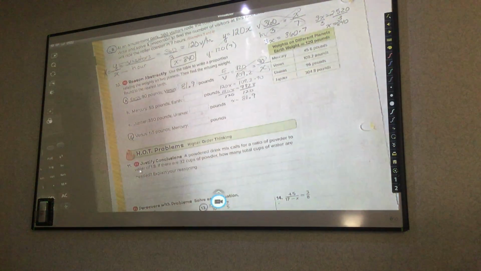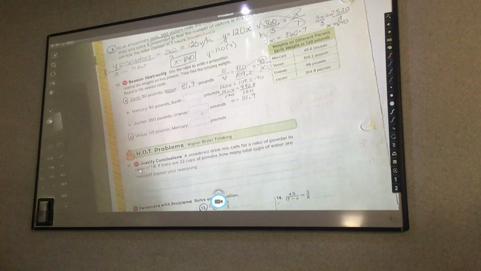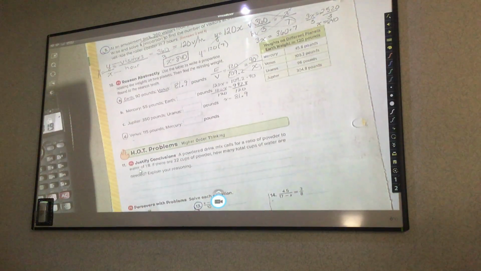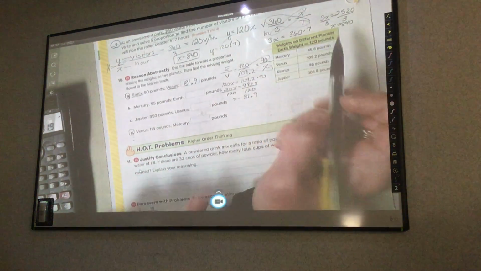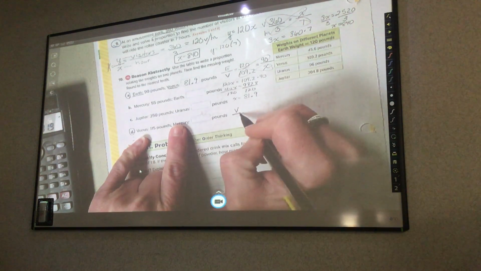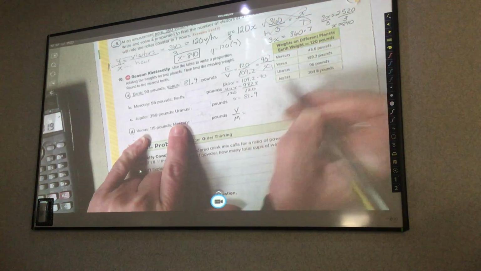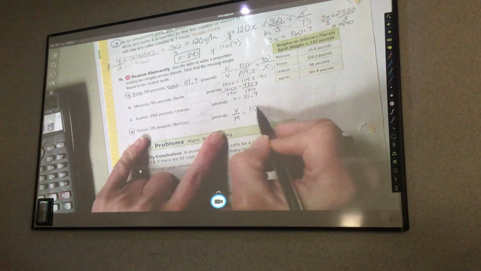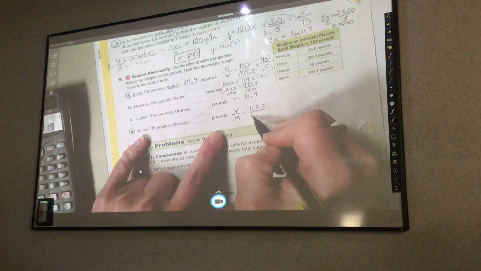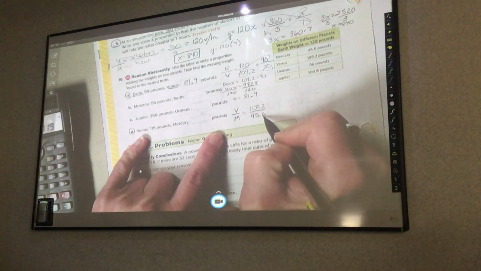Now we have D. You have to start with the chart first, Venus to Mercury. So I'm going to put Venus to Mercury. Venus is 109.2, Mercury is 45.6.